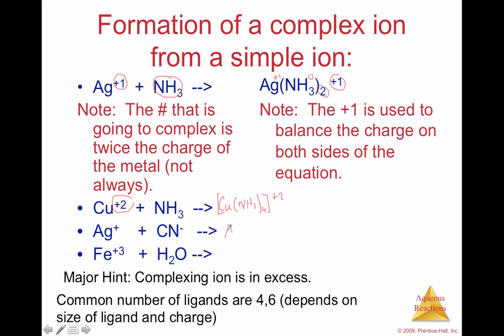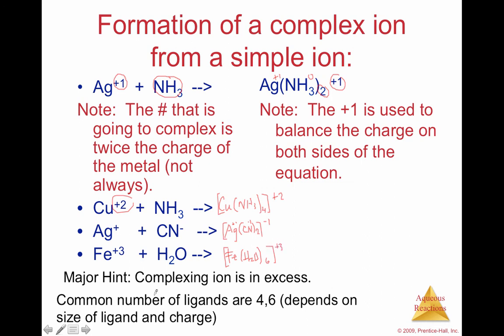Since silver has a +1, we will double +1 and know that we're going to get 2 cyanide ions for this complex. +1 minus 1 times 2 equals a -1 overall charge for the ion. Iron has a +3 charge, double the 3, gives you 6 water ligands, and the whole complex ion +3 plus 0 equals +3 charge.